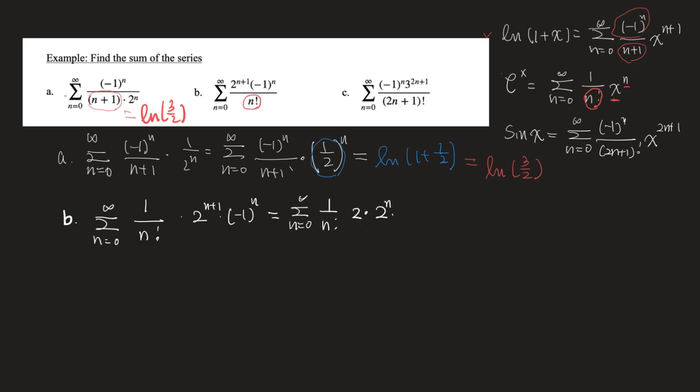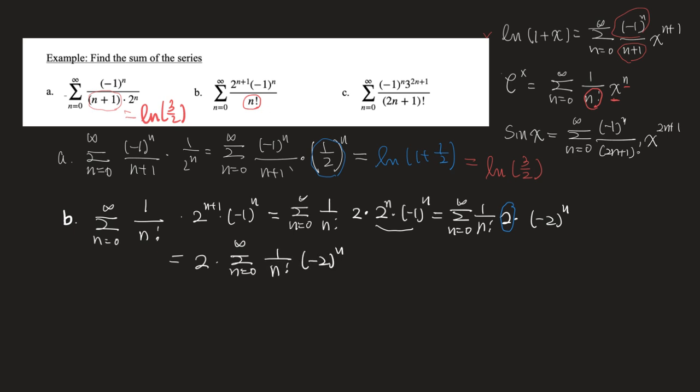2 times 2^n, negative 1 to the n. So this one put together, 2 times negative 2 to the n. Look at the e to the x form. 1 over n factorial x^n. There is an extra 2, you take it out. 2 summation n equals 0 to infinity 1 over n factorial negative 2 to the n.